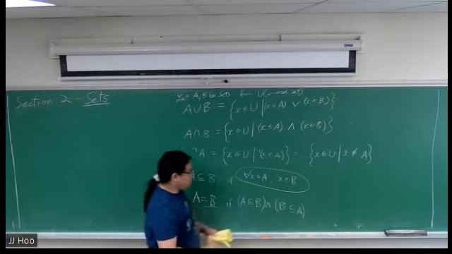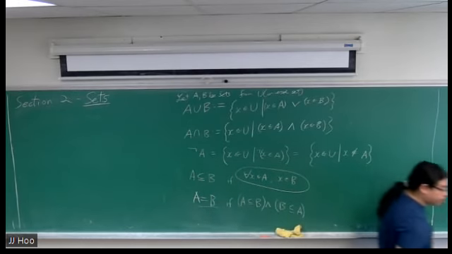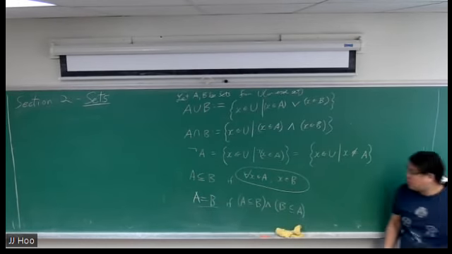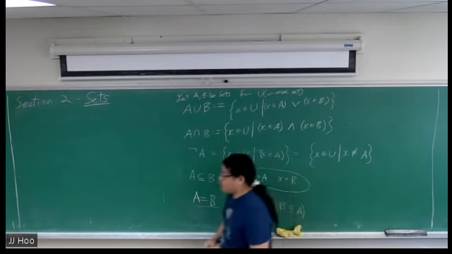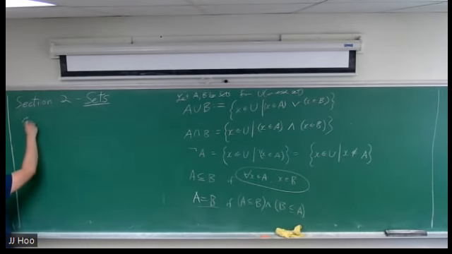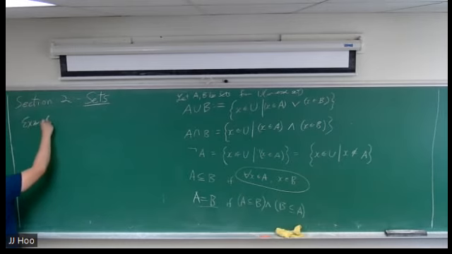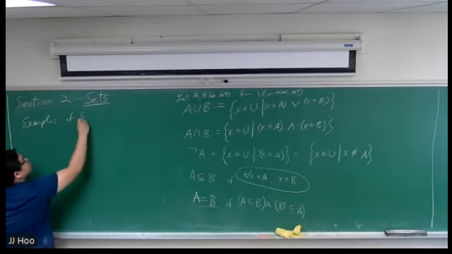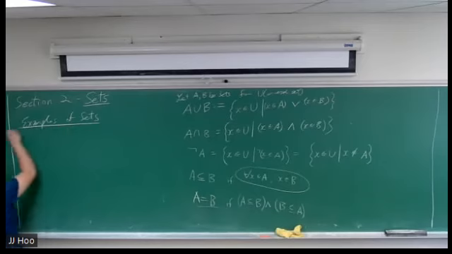What I'm gonna do is, let's see, how much time are we at? Okay, so I think I'll just talk about some types of sets and some examples of sets. So some examples of sets.